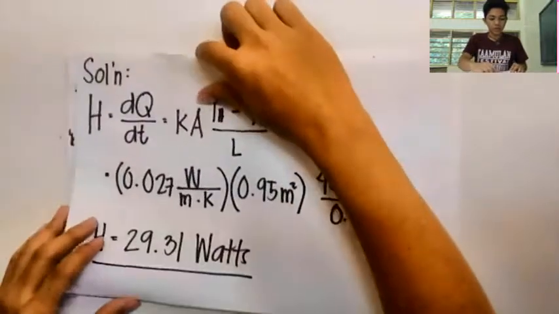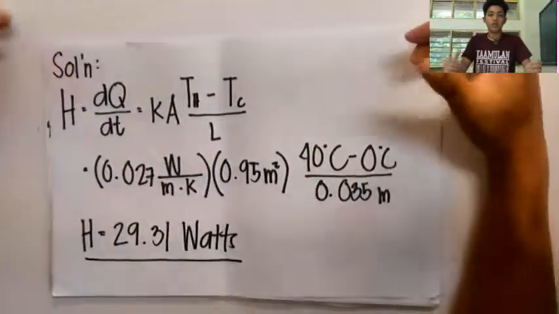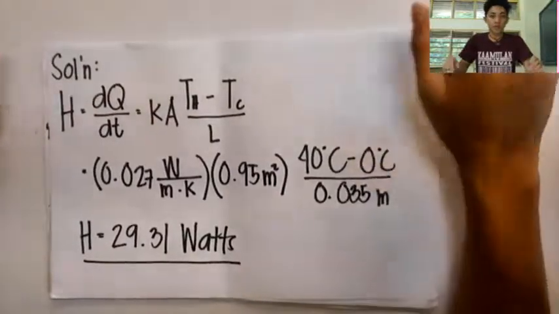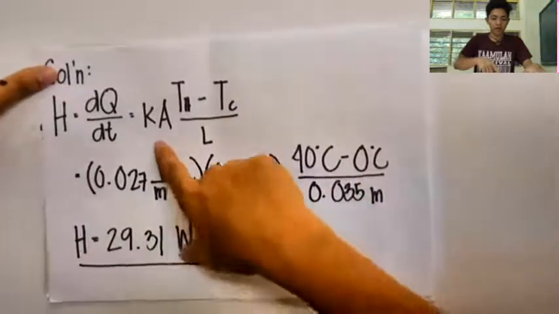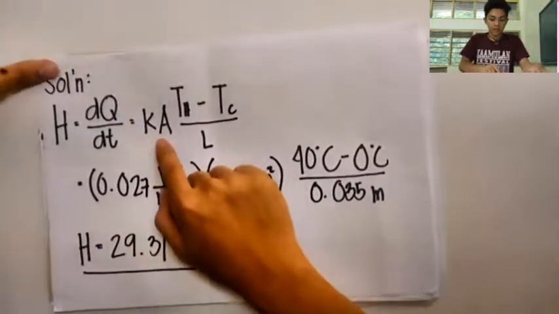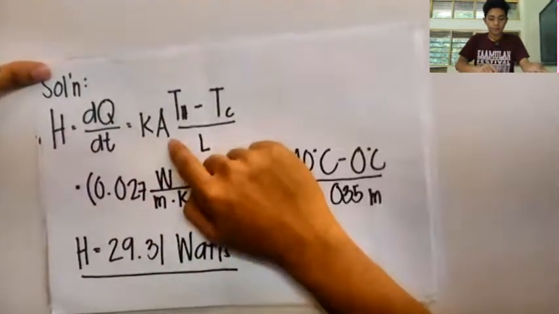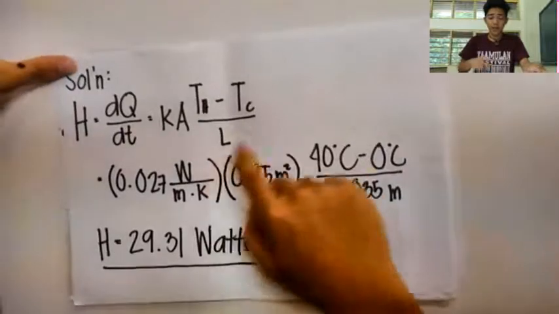So let's solve. Solution. Heat current is dQ over dt, or the quantity of heat transferred over time. We can also write heat current as the thermal conductivity times area times the temperature difference over the length.